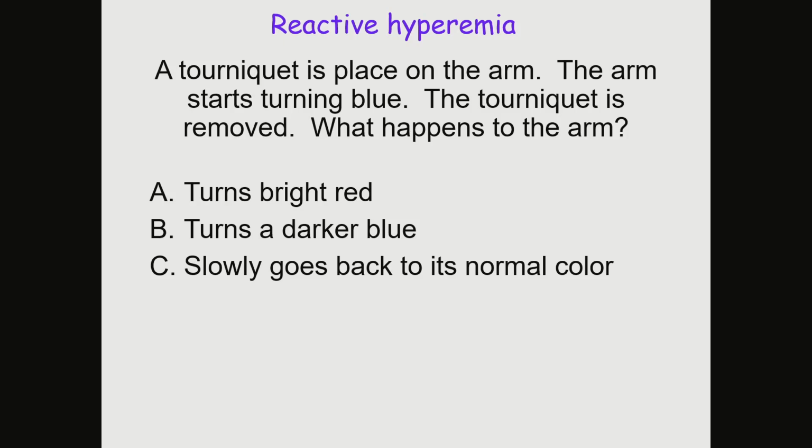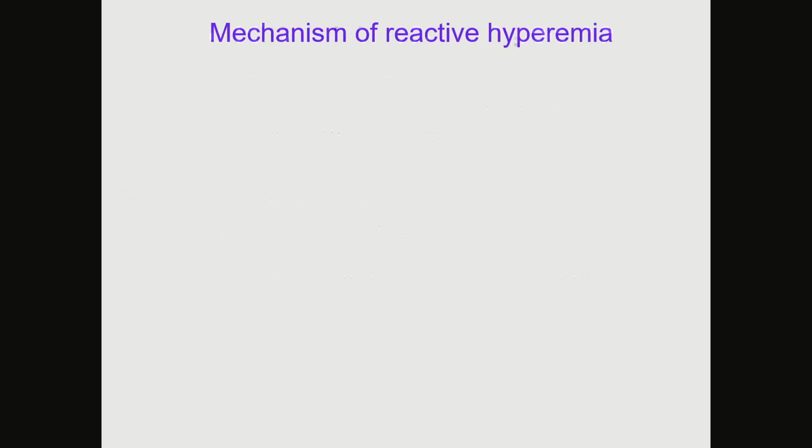How many say turns bright red? How many say turns a darker blue? How many say slowly goes back to normal? Okay. Yeah, turns bright red. Okay. Why does it turn bright red? This is reactive hyperemia.